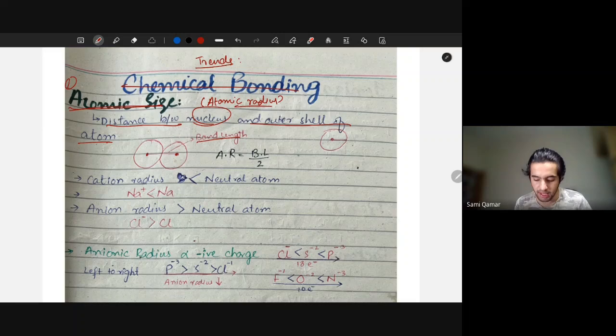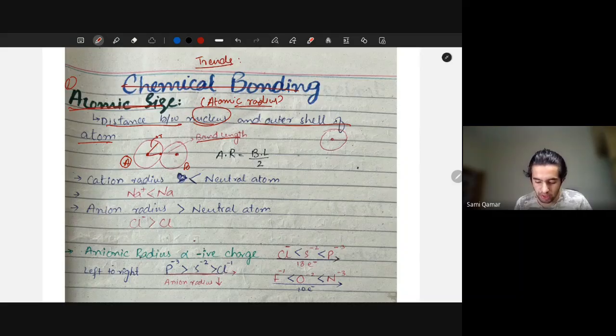Like this is the A atom, this is our B atom. So we need to find the atomic radius of the A atom. How can we find that? The distance from this nucleus to the outermost shell is going to be the radius. This is known as atomic radius. So just divide this bond length by 2 and we will get our atomic radius.